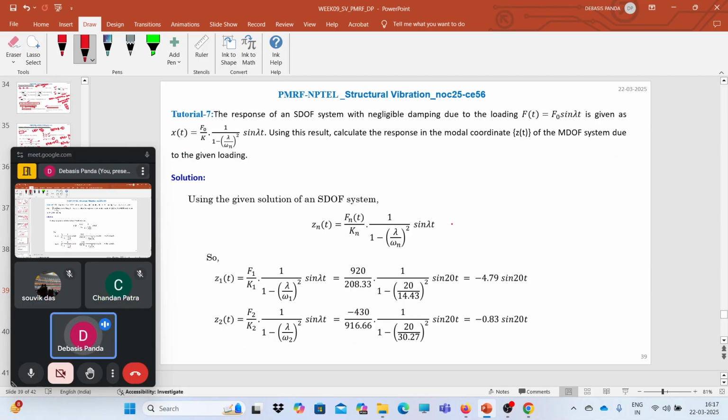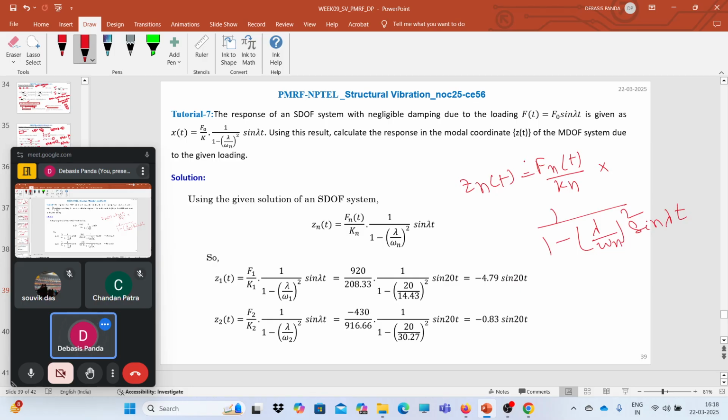Now we have another question. The response Zn(t) for this system is given as Fn(t) by Kn, times 1 over 1 minus lambda squared by omega n squared, times sin lambda t, where lambda is the forcing frequency. What will be the responses corresponding to the two nodes?